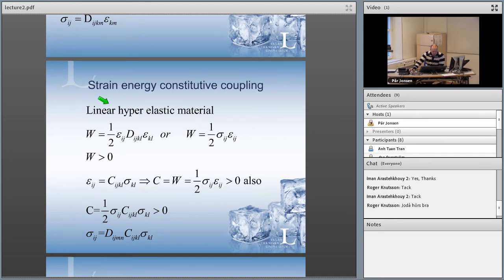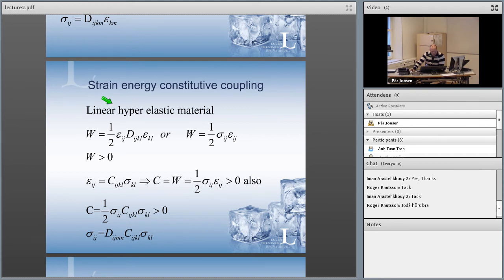So you can simply change it back. You can look at it in the other direction, use the complementary energy instead. So then you can use this tensor here. It's called the flexibility tensor, elastic flexibility tensor, C. This will also be used. This is all plastic. If you have plastic response, you will also see how we will work with that later on and split it into two parts.